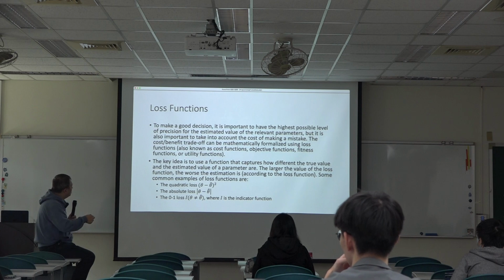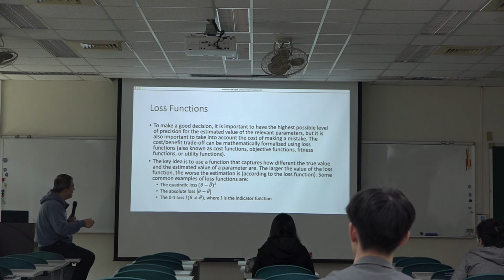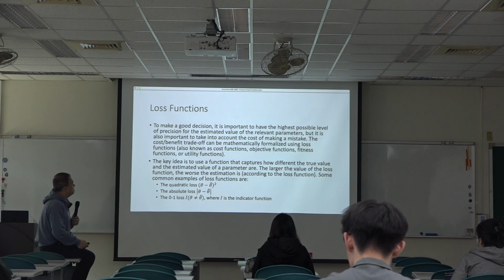To make a good decision, it's important to have the highest possible level of precision for estimating the value of the relevant parameters. But it's also important to take into account the cost of making a mistake. So the cost or benefit trade-off can be formalized by a loss function.